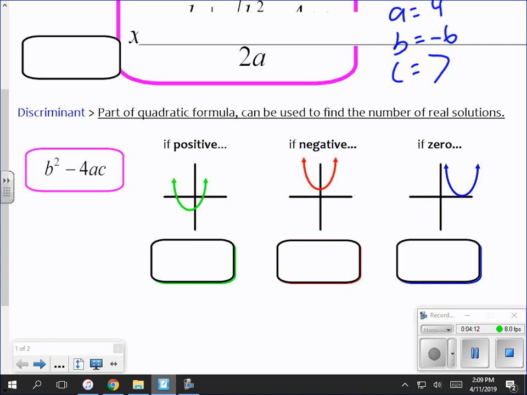That will tell me not my answers, but how many of what kind of answers I have. So you can tell whether or not you're actually going to have an answer to a problem before you figure out the answer to the problem. That's what the discriminant does. The discriminant tells you how many solutions you have of what kind without actually solving the problem. Okay?